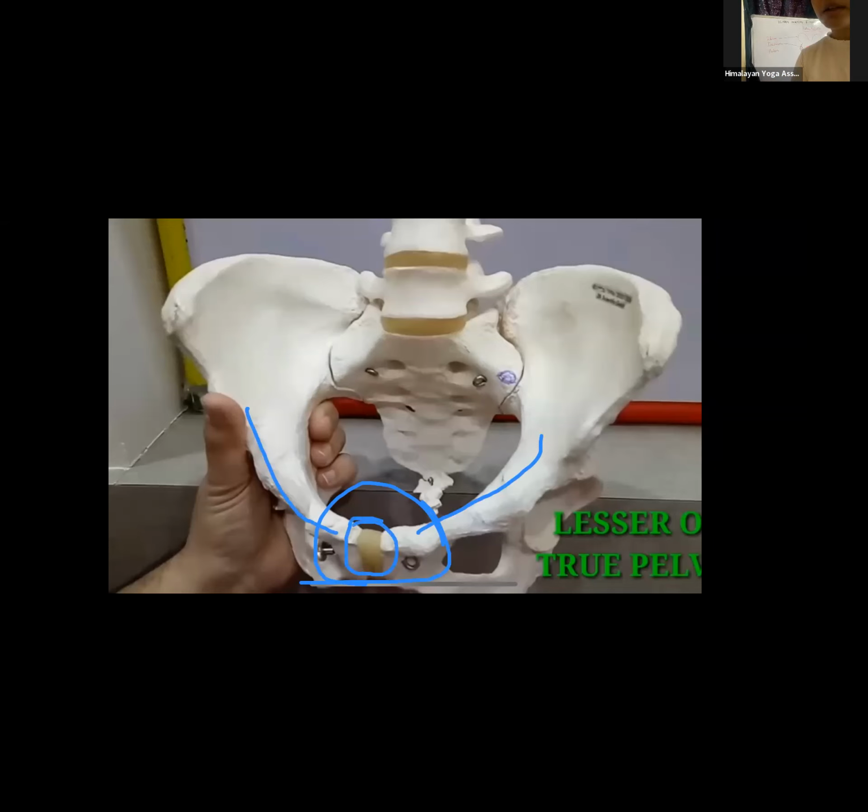They are attached here, and this attachment is called pubic symphysis.